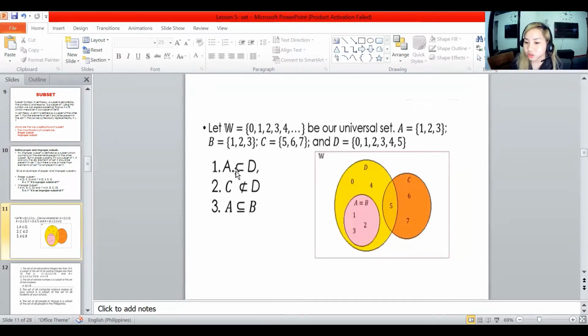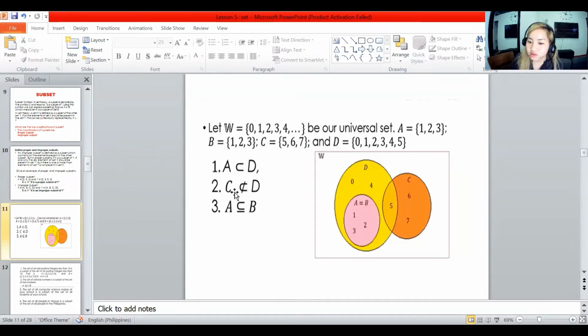So, let's check muna. Ang ating set A is 1, 2, 3. Yung D naman po is 0, 1, 2, 3, 4. And as you can see, yung elements ni A is present dun sa elements ni D. So, correct po siya na ang A is proper subset of D.